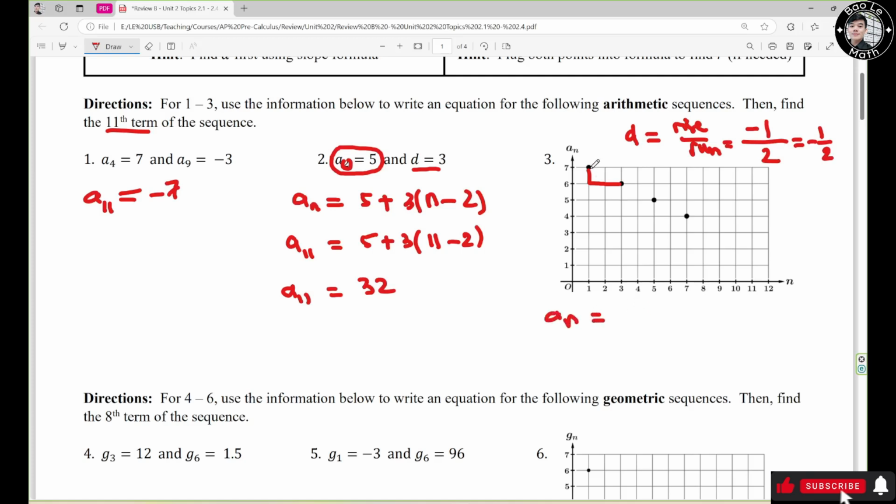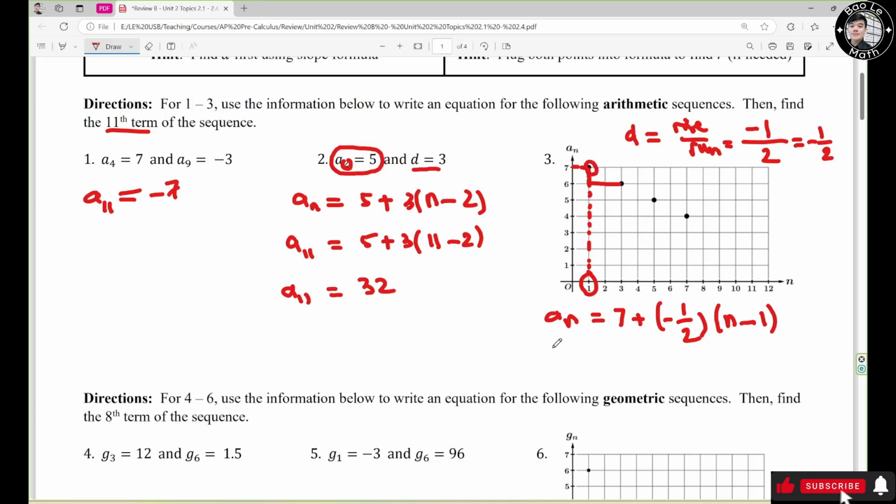Now I have a sub n equals a sub k. You can pick any point right here. So I can pick this point: a sub k equals 7, where k equals 1. So it can be 7 plus the common difference, which is negative 1 half, times n minus 1, because I picked the first term, a sub 1.